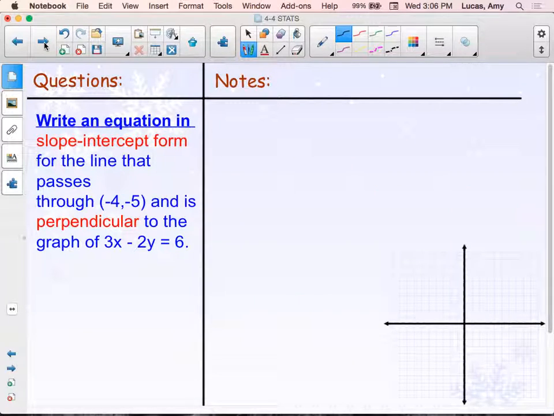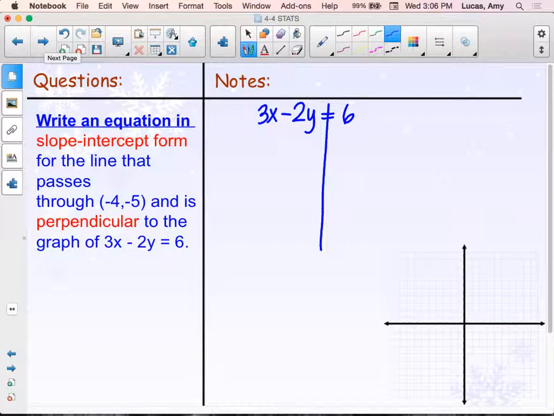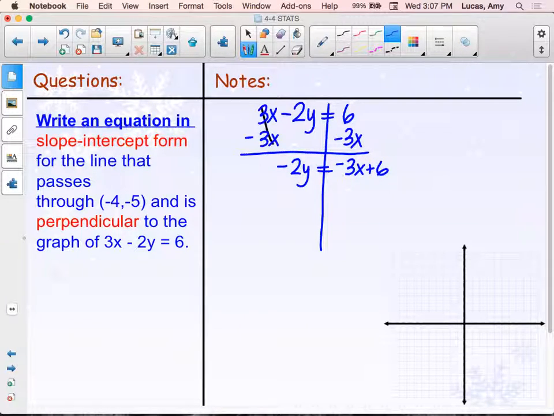All right, one more example with perpendicular, and this one's going to require a little bit more work. So the original line, we cannot see the slope, so we need to solve it to figure out our slope. Subtract 3x on both sides. Bring down the negative 2y, and it's equal to negative 3x plus 6. Keep it in slope-intercept order.